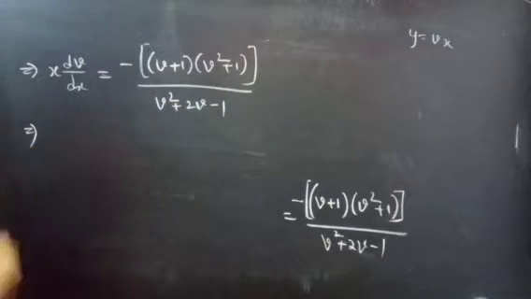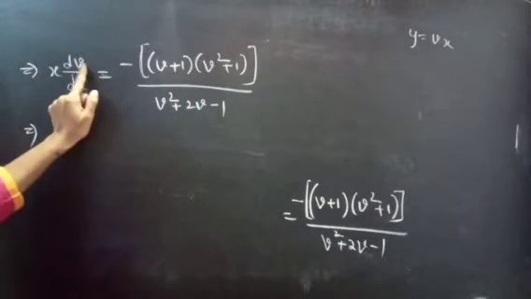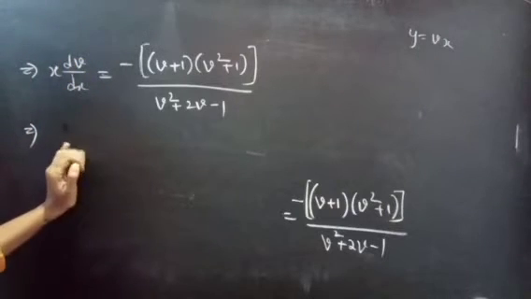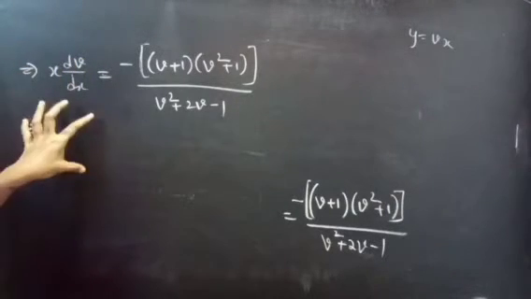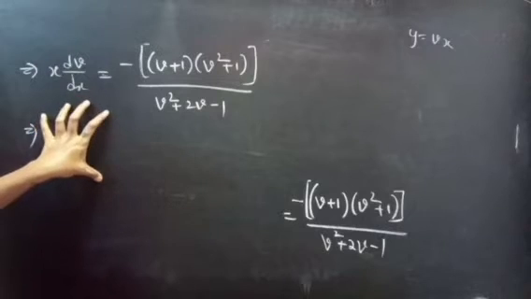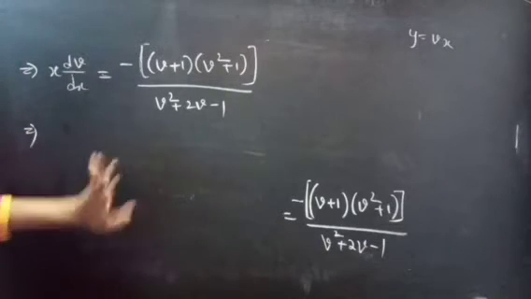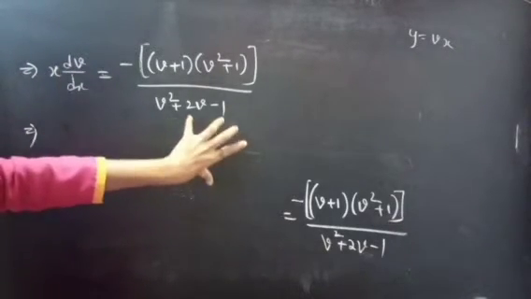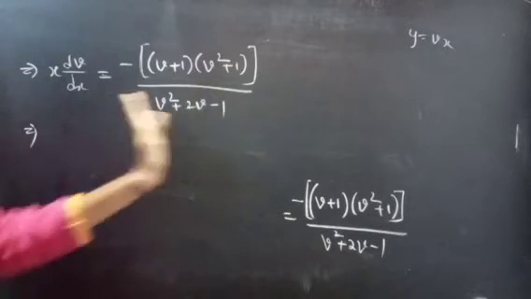Right. See, you're having differential dv in the numerator of LHS, right? So now we'll take all the functions of v and differential dv to LHS and functions of x and differential dx on the other side.